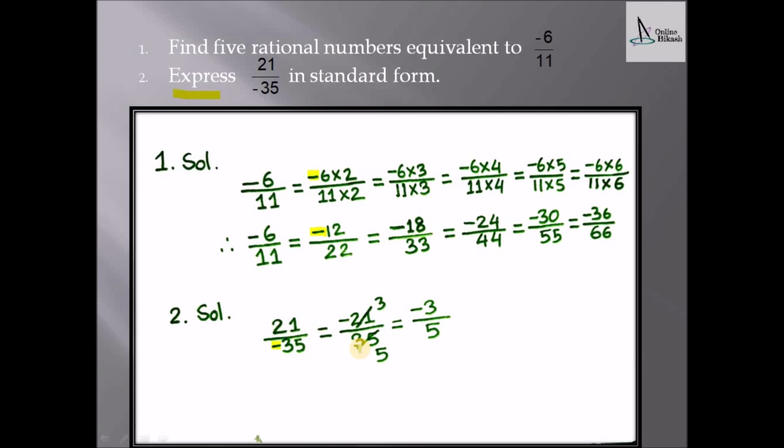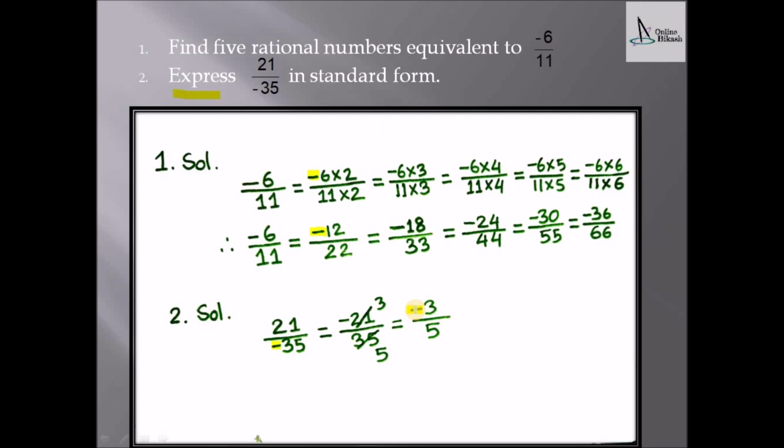Then I cancel them with the common factor, that is 7. By 7 you can cancel 21 and 35. 7 3s are 21, 7 5s are 35. So that's why minus 3 by 5. And I have also seen some students not using this minus sign here. They simply write 3 by 5. That is also wrong.